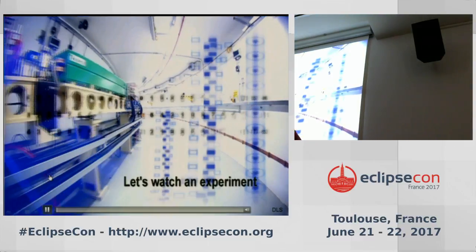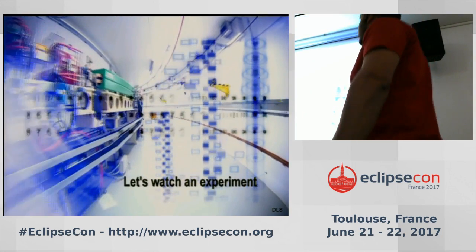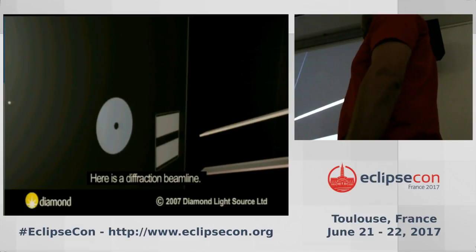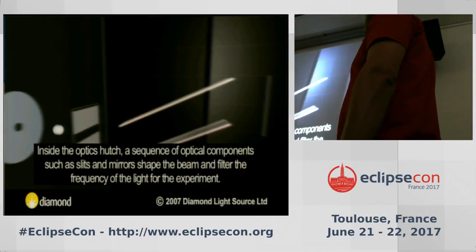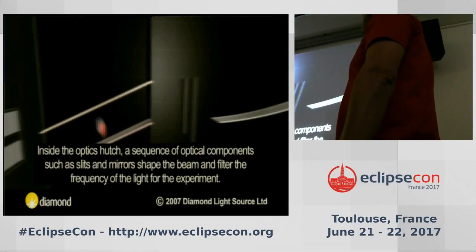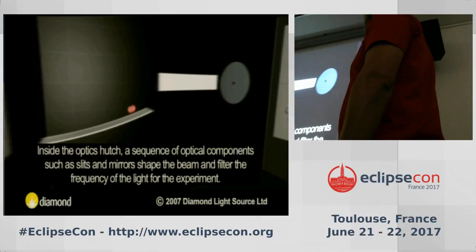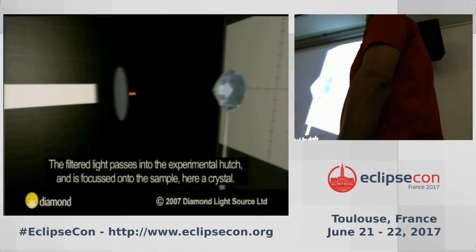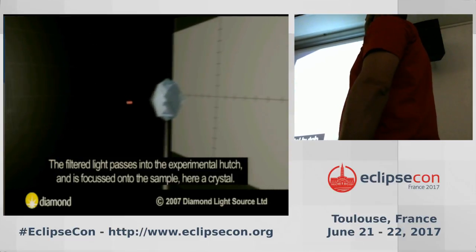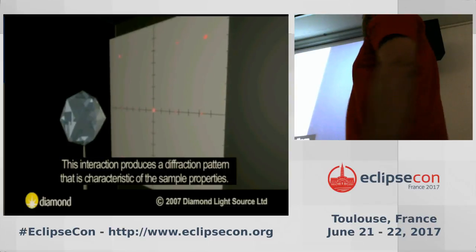Inside an experiment, this is a diffraction beamline. The light, this is light now, not electrons. We're done with the electrons. It's being reflected off some mirrors, goes through some slits, and then it hits a crystal, which is drawn looking like a diamond, though it doesn't really look like that when you crystallize proteins. It's a tiny little thing that you can hardly see.